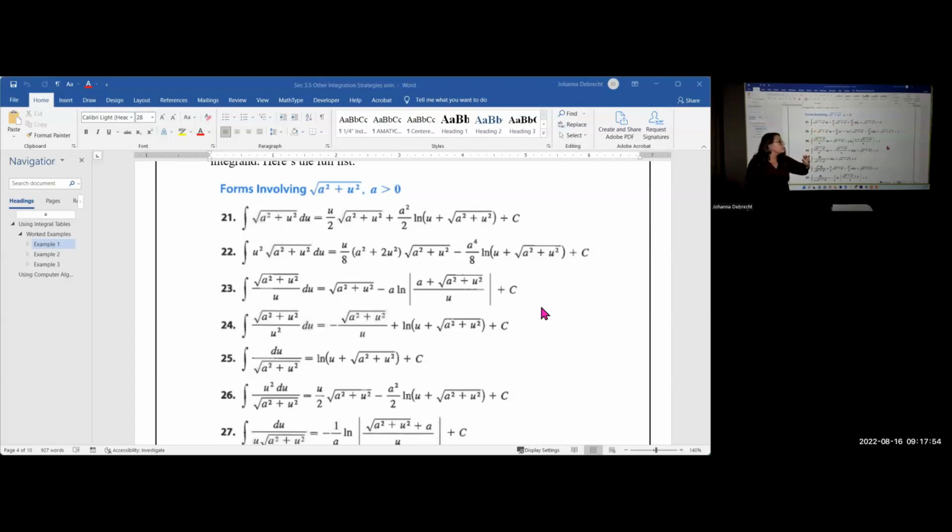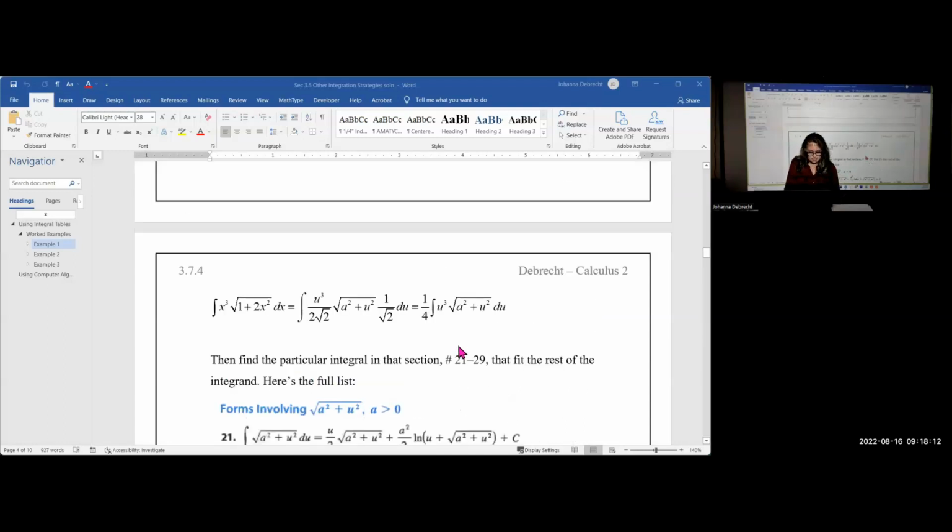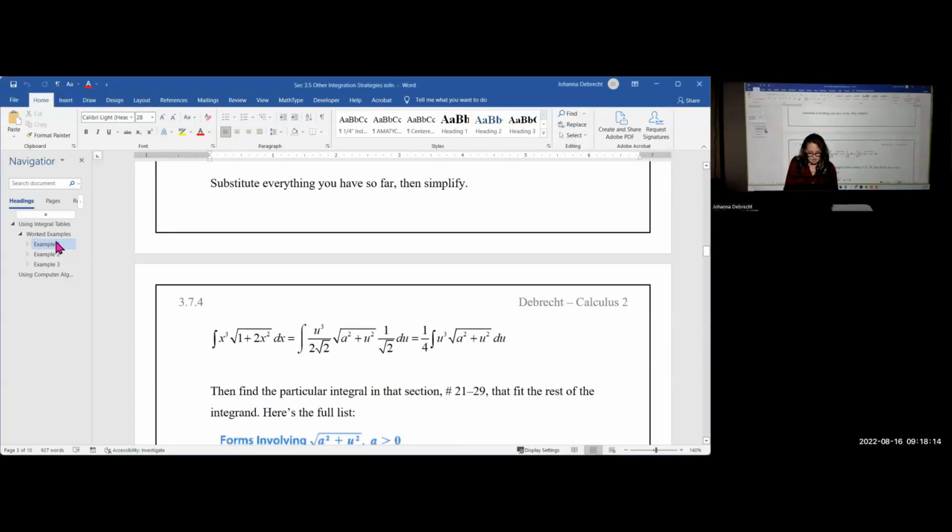So the key is to pick the appropriate u and u squared and a squared, and then apply the pattern on the right, which is the known antiderivative, using the u and a that you came up with to fit your particular integral. Let's take a look at example 1 and see how this might work.